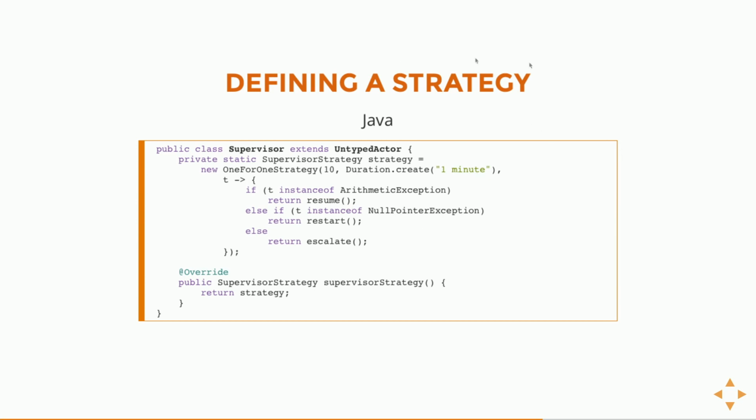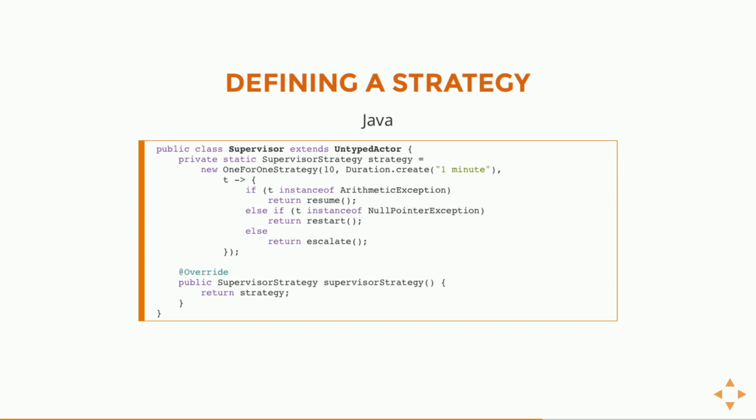So what we have right here is that if the child actor encounters an arithmetic exception, it should just be ignored. It's all right. In the case of a null pointer exception being thrown by the child, it should be restarted, because null pointers are bad. And in any other case, we want to escalate the failure higher up.